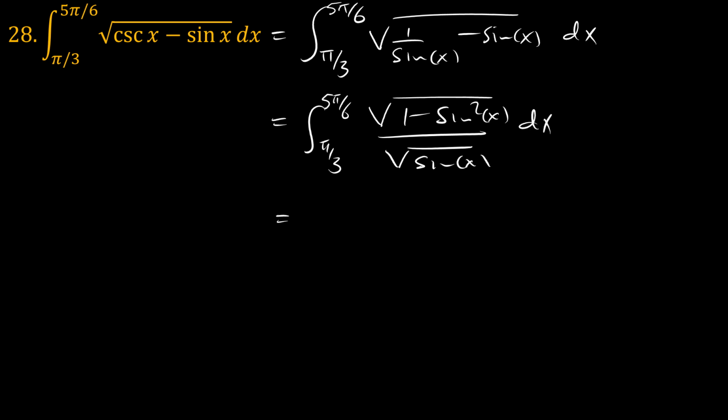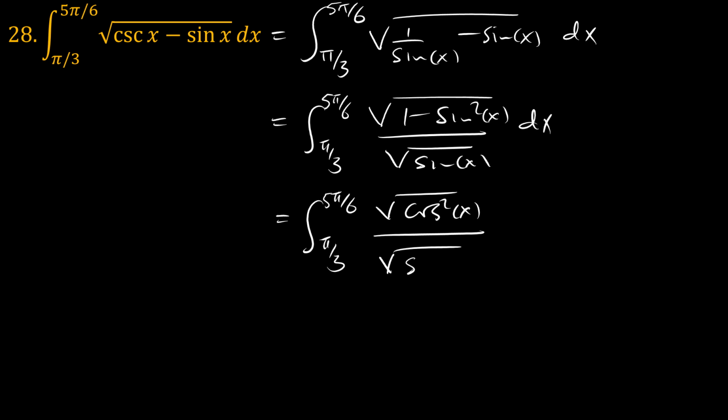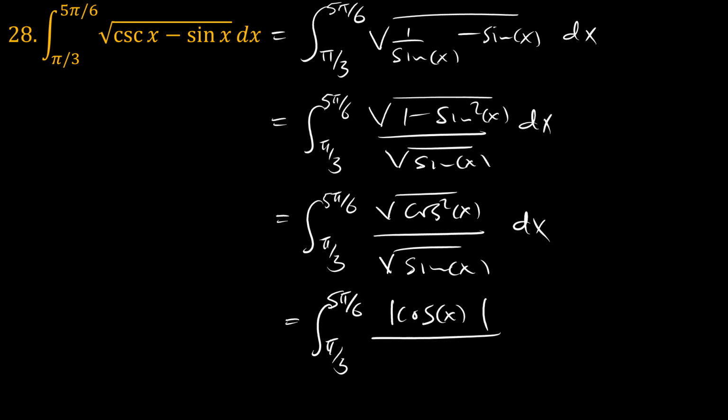So this becomes the square root of cosine squared of x over the square root of sine of x. And what we see is our numerator becomes the absolute value of cosine of x, right, over the square root of sine of x.